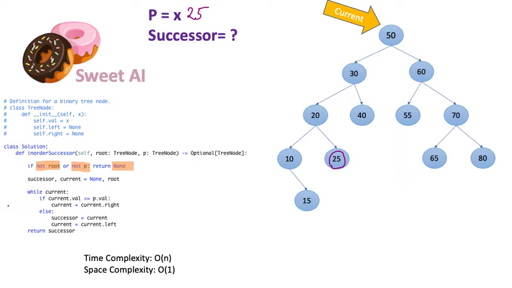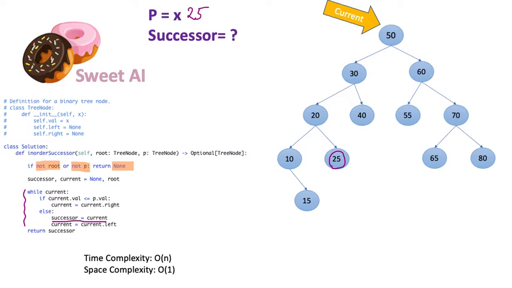The while loop compares the current node's value with p's value, and then decides whether it needs to go to the right side or the left side of that current node, and we keep updating the successor, and this way we keep track of the in-order successor.